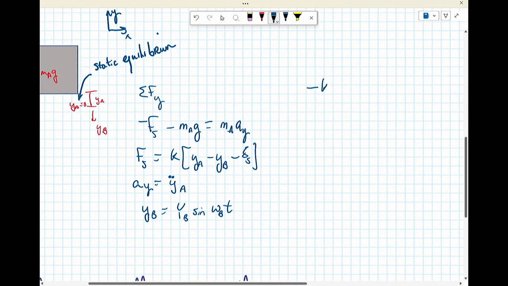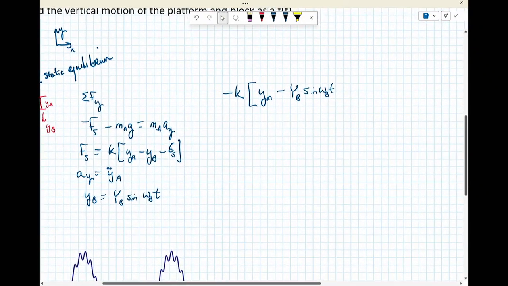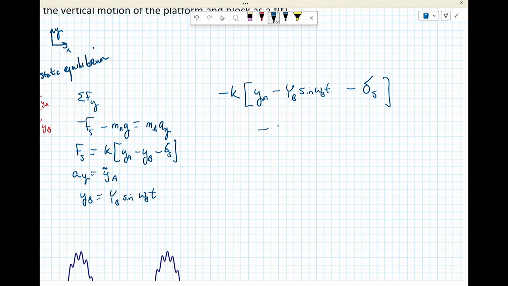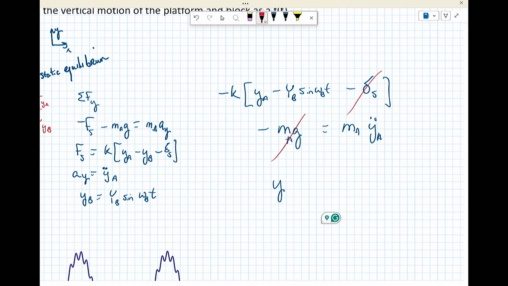So when I write that out, I can say minus k (ya minus yb sine omega b t) minus delta s minus mg equals m ya double dot. So get rid of the static equilibrium term as usual because you don't need to deal with it.